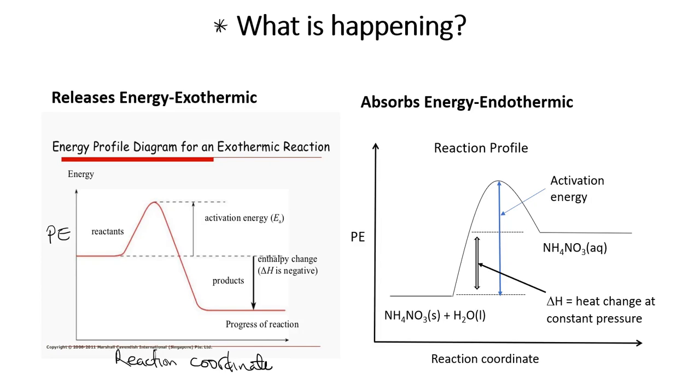Now, for an exothermic reaction, the reactants will be at higher potential energy and the products will be at lower potential energy. So you need to show that the reactants are at higher potential energy and the products at lower potential energy. Now, each reaction has energy that initiates the reaction. That energy is known as activation energy.